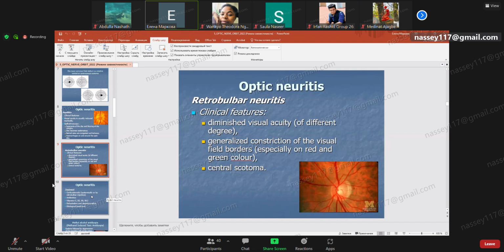The main clinical features, except for the fundus changes, are essentially similar to those of papillitis.